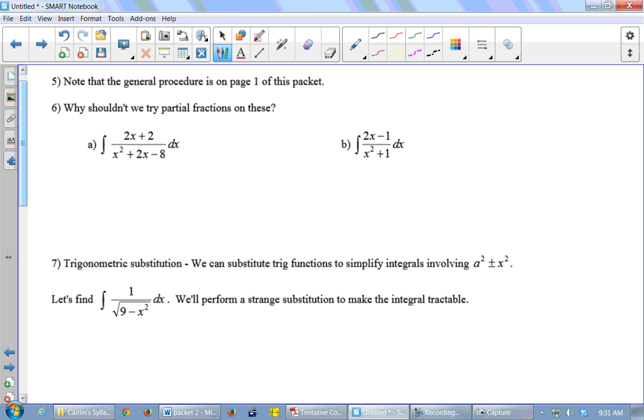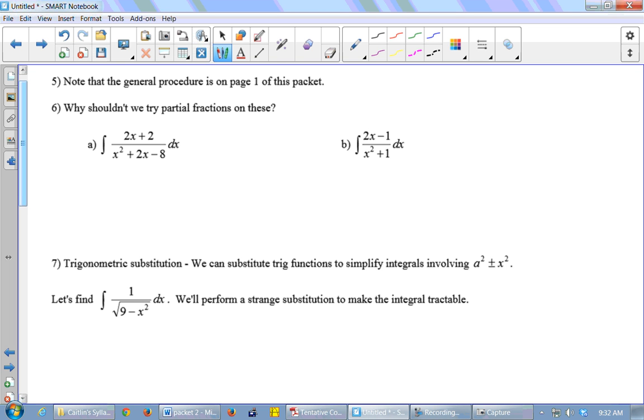Why can't I use partial fractions on these two? What do the denominators have in common? They don't factor, right? Neither of them will factor without using an i.